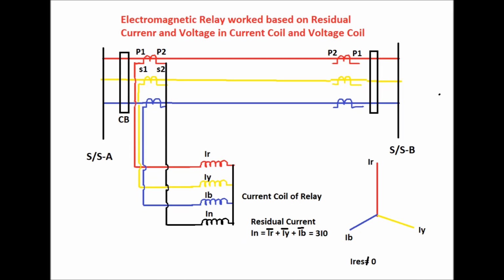Under fault condition, for example, if a fault occurs in the red phase to ground, the current will increase in the primary side in the red phase, and as a result in the secondary side the neutral coil current will increase, as the neutral coil current is the vector sum of the three phase currents, that is 3I0 is not equal to 0. Based on the direction, that is, if the fault occurs towards the line, the relay will pick up and it will trip after a certain time.